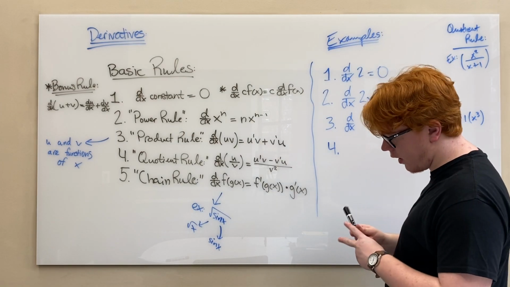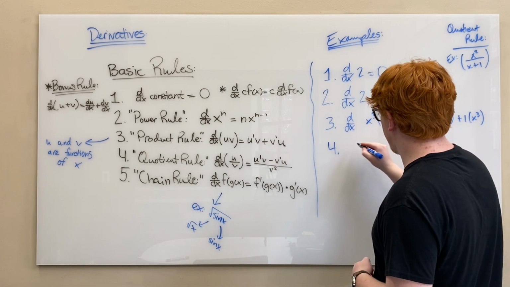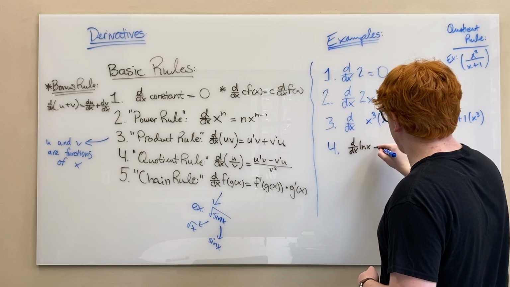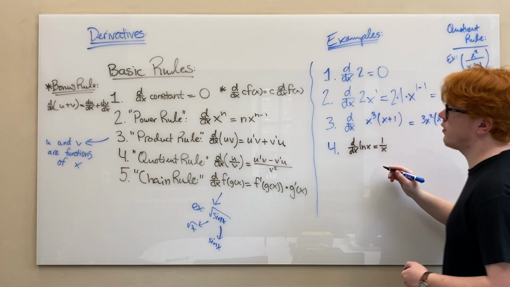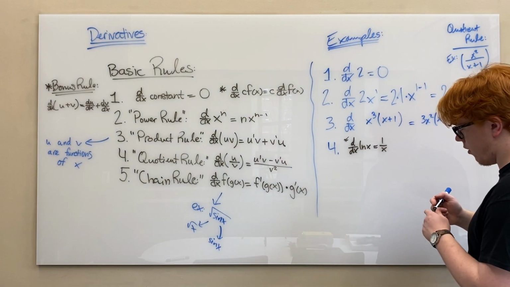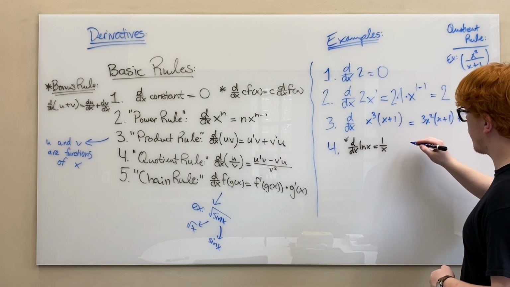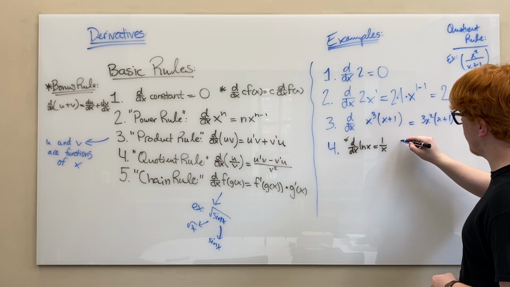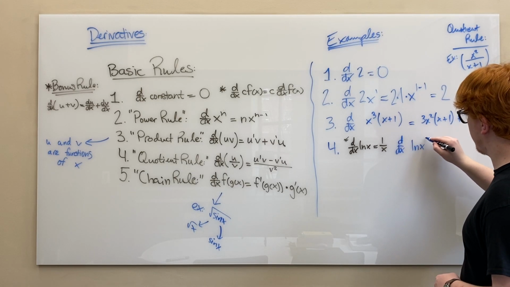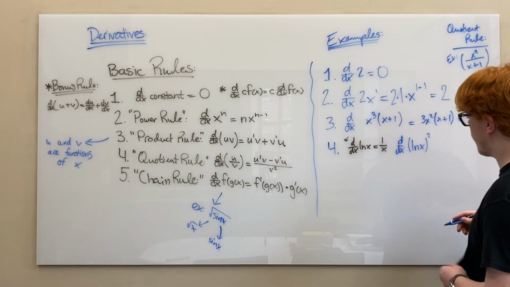For this one, I'm going to give a note that d dx of natural log of x is equal to 1 over x. So this is a note. You don't know this yet. Now you know it. So there's your note. With that said, we're going to take the derivative of natural log of x squared.